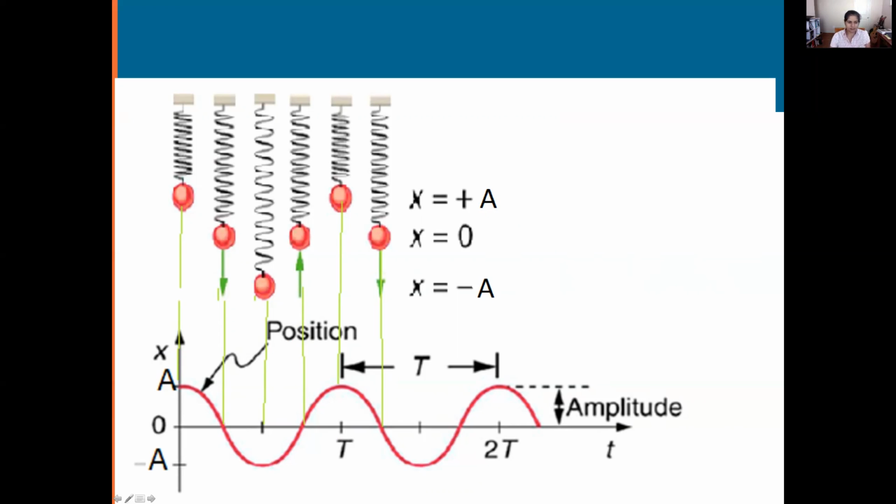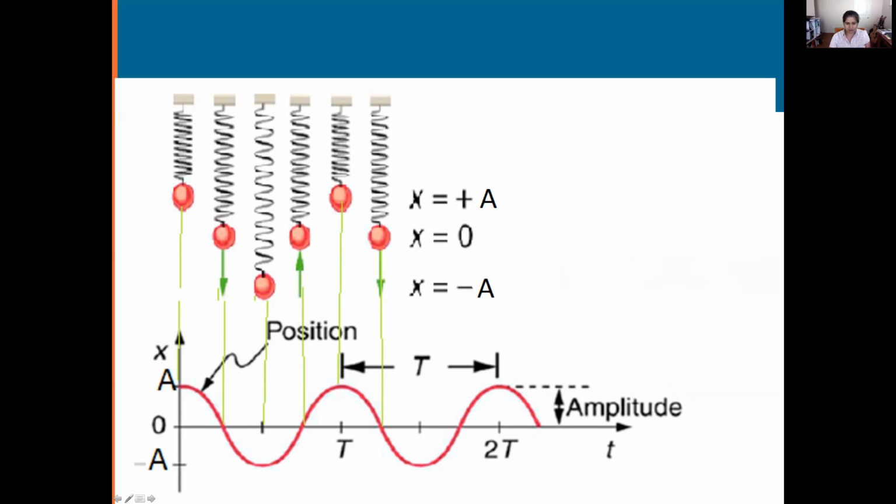Another thing to note is what is one time period. That's the time it takes for one pattern to repeat itself. Here we're starting from a maximum, going to a minimum, and back to maximum, and then the whole thing repeats again. So this is one time period, in terms of time.